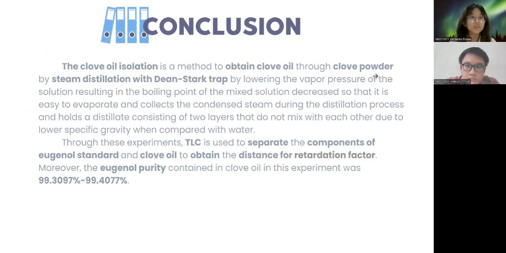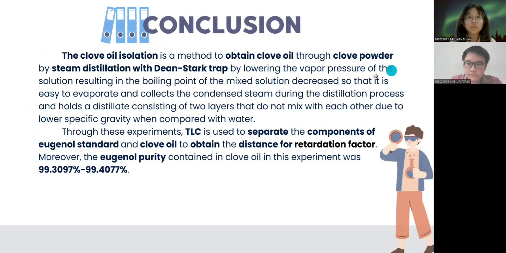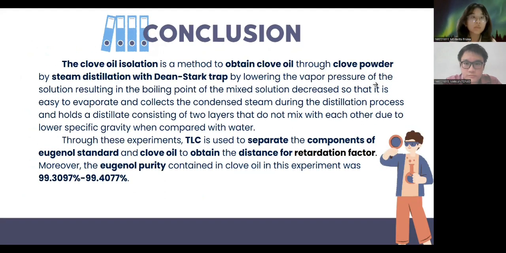Last, for the conclusion, clove oil isolation is a method to obtain clove oil from clove powder by steam distillation with a Dean-Stark trap, lowering the vapor pressure of the solution, resulting in a decrease in the boiling point of the mixed solution so that it evaporates easily, collecting the condensed steam during the distillation process and holding a distillate consisting of two layers that do not mix with each other due to the oil's lower specific gravity compared with water.